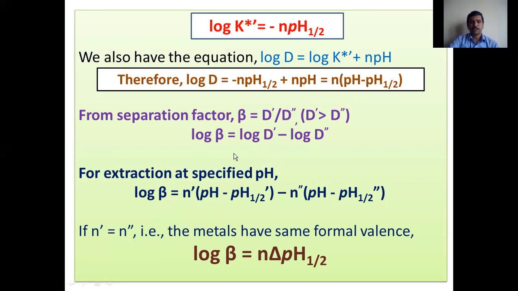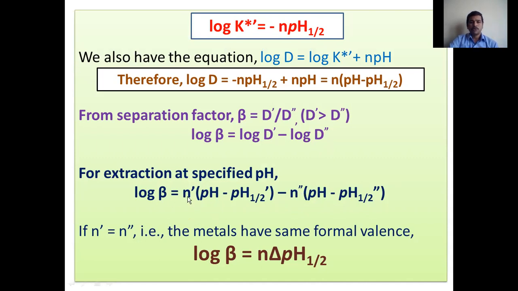So at specified pH, log beta is equal to log D dash, meaning n dash into (pH minus pH of dash), where n dash is the valency of metal ion 1 and pH of dash is the pH for the extraction of 50% of this particular metal having valency n dash. Minus log D double dash means n double dash into (pH minus pH of double dash), where n double dash is the valency of the second metal and pH of double dash is the pH for 50% extraction of this metal having valency n double dash.